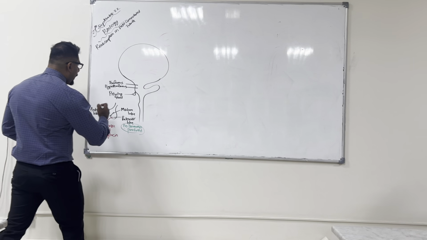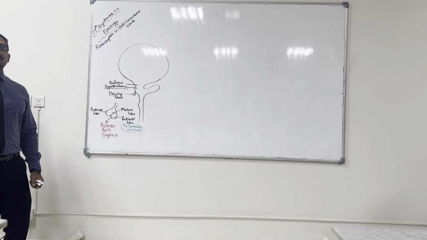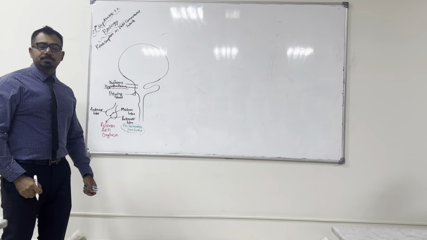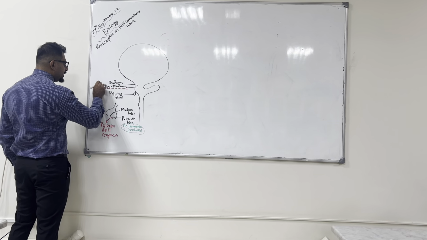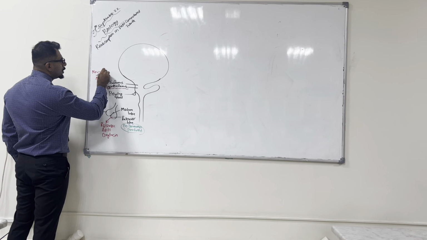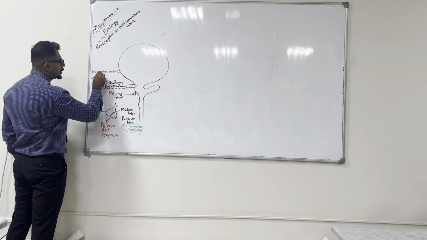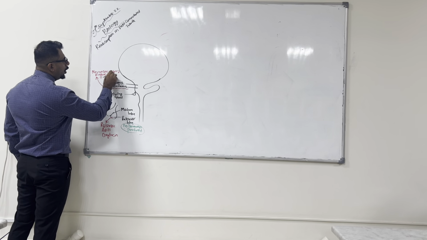So this part of your brain, the hypothalamus, is a very important part of your brain. The hypothalamus is called the neurosecretory region of the brain.